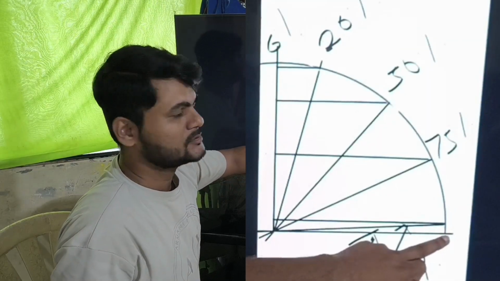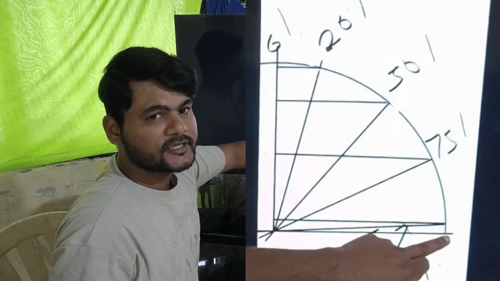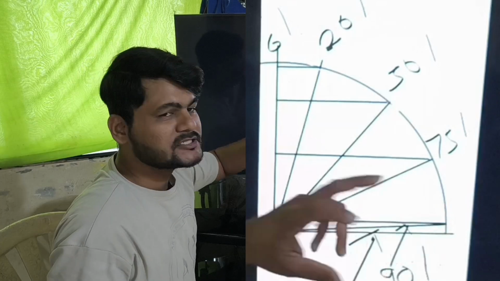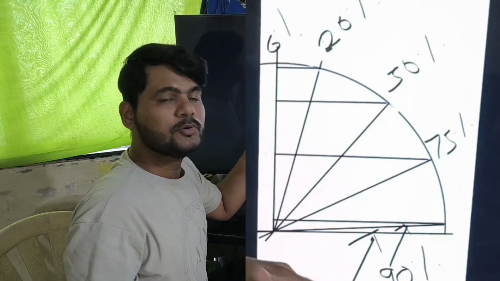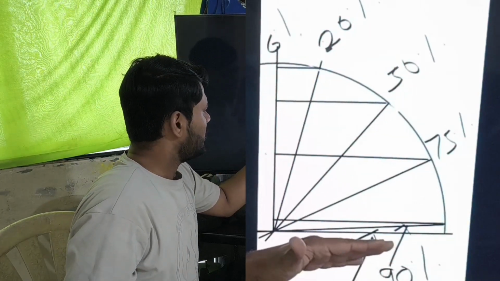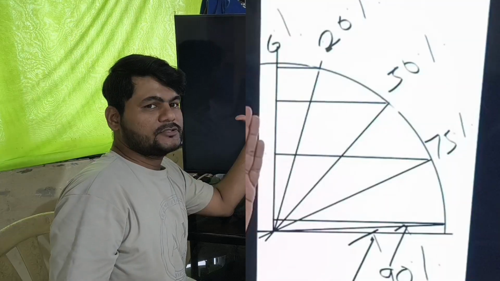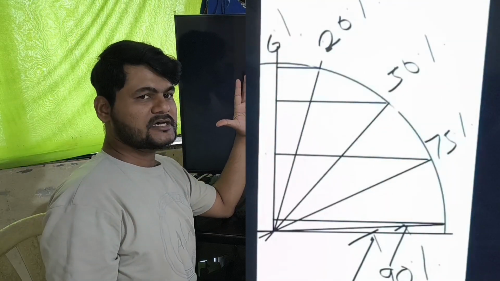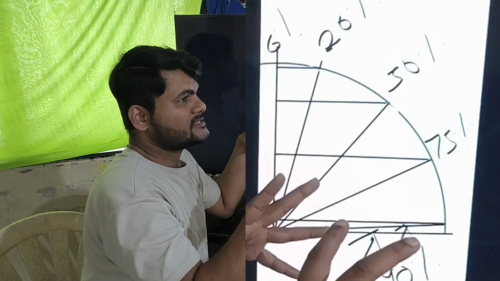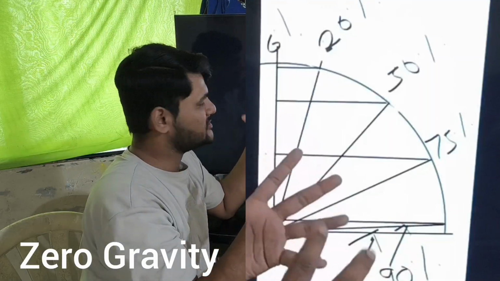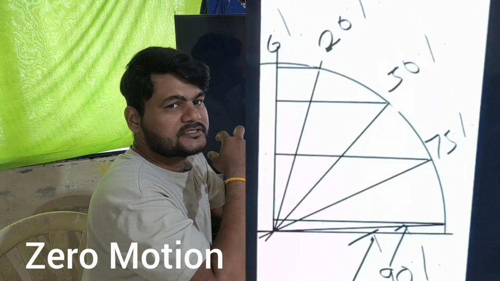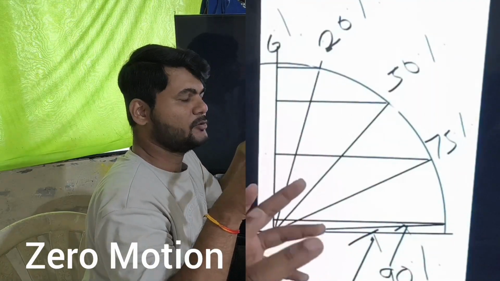So there is a limit of 3 × 10^8 meters per second, the speed at which you can travel at most in this universe. And when you are at rest, then your time will pass at the maximum speed possible in this universe. That means you are at zero gravity or at complete rest.